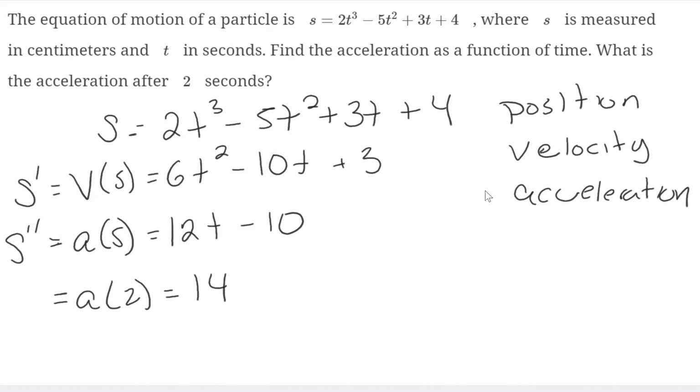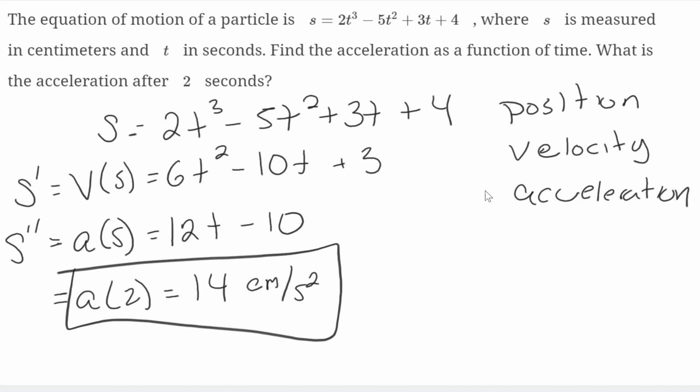What do they use for centimeters per second squared? That was another one of those physics things. I wanted to make sure I didn't mix up velocity and acceleration because I do mix stuff up.